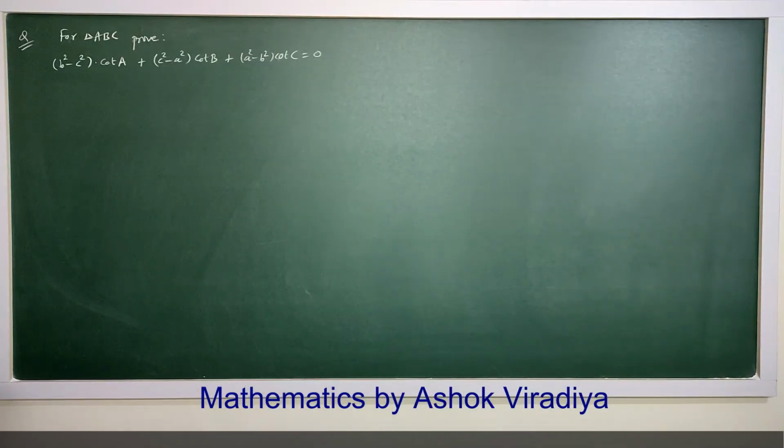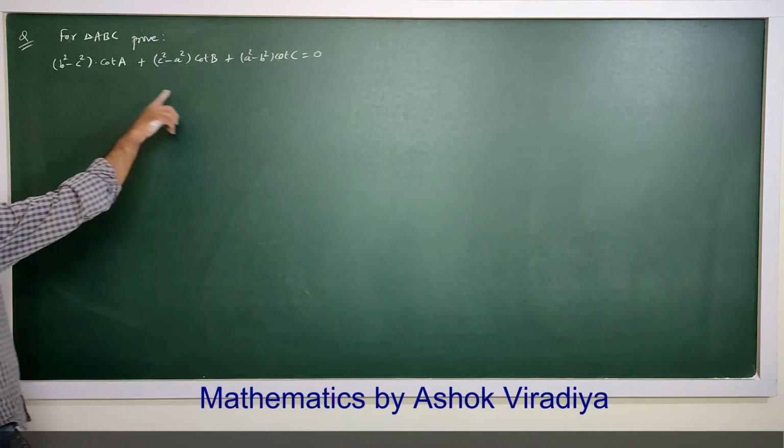In this question, for triangle ABC, prove that this is equal to 0.